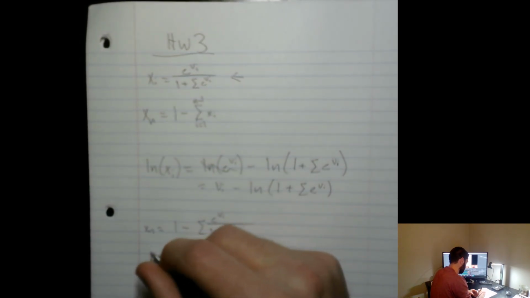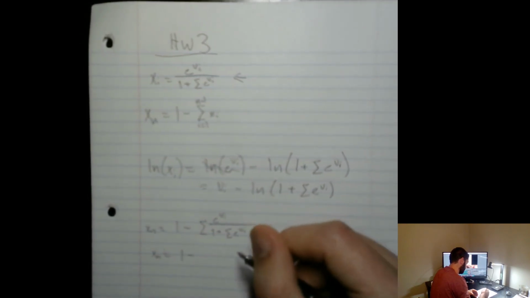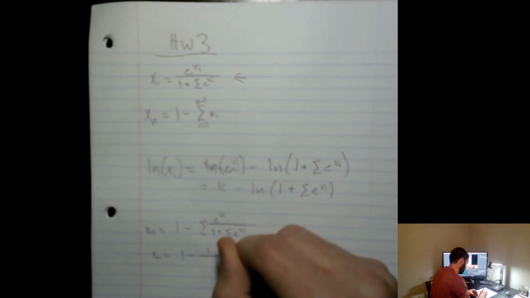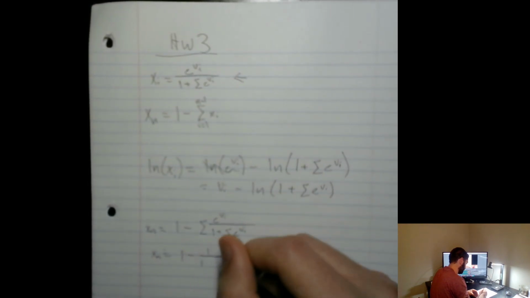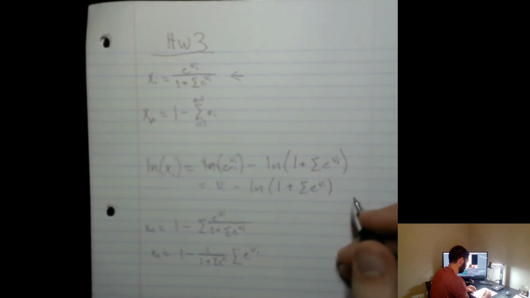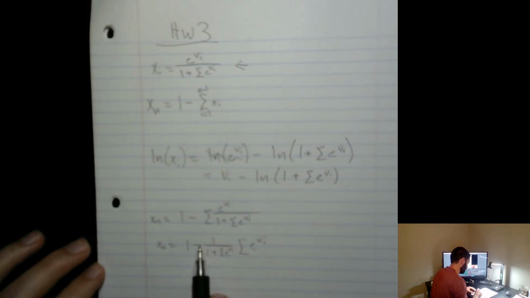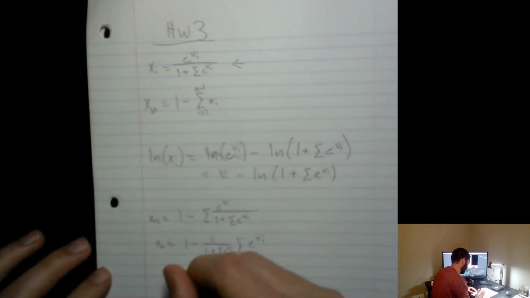So we can have xn equal to 1 minus 1 over 1 plus summation of e to the vi, times the summation of e to the vi. If we reorganize this, we can add this whole term to the left side and bring xn over.